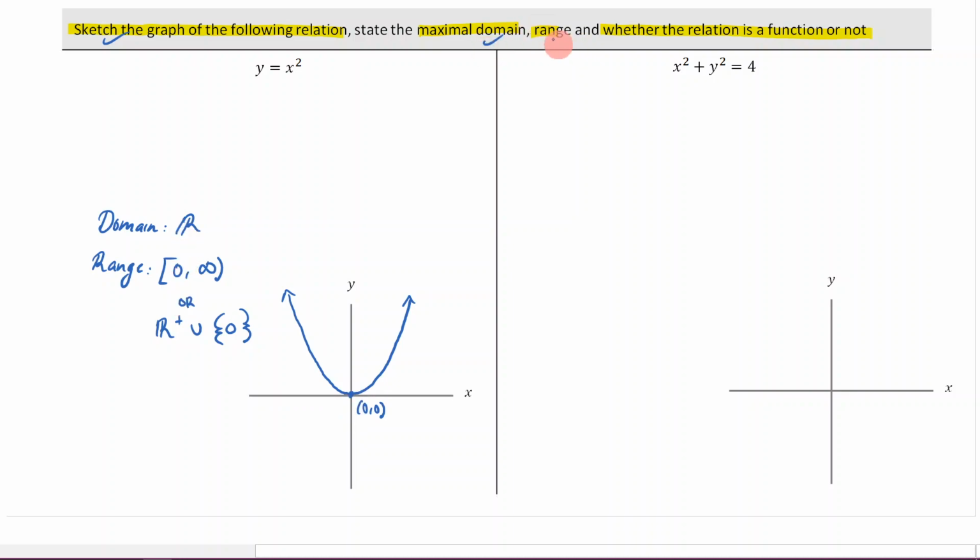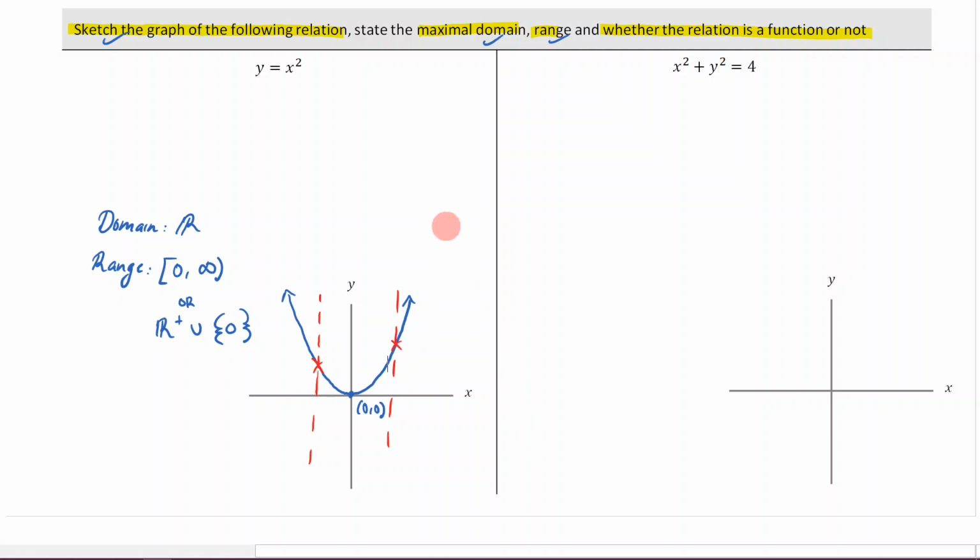So we've got the domain, we've got the range, and now it wants us to state whether it's a function or not. What we can do here is use our vertical line test. If I can draw a vertical line anywhere through this graph, and it only ever intersects it once, then we're dealing with a function. And sure enough, no matter where I draw this vertical line, it's only ever going to intersect the graph once.